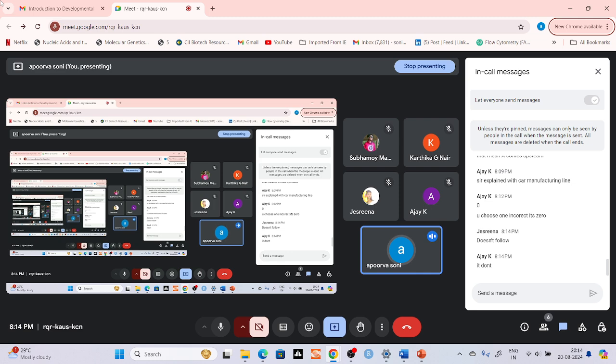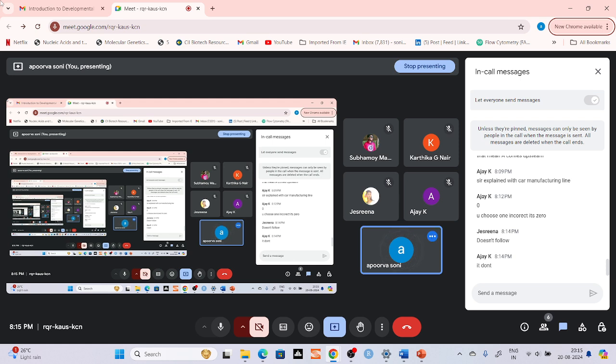Jasrina has very correctly said, and Ajay also, it doesn't follow. Because Mendel said that each gene is inherited independently. There is no association between the genes. But in reality, it is not true. In fact, some genes do show interaction, and the expression of one gene is dependent upon the interaction that it receives from another gene.